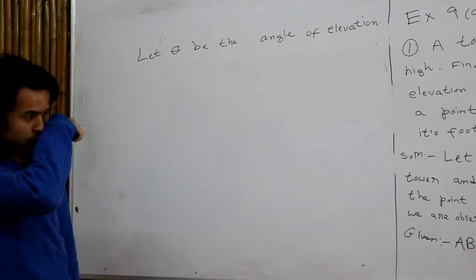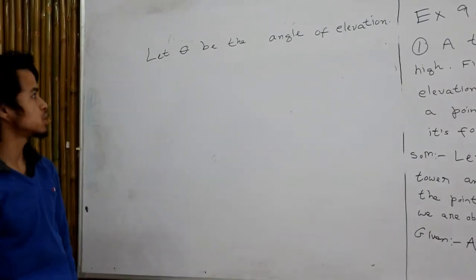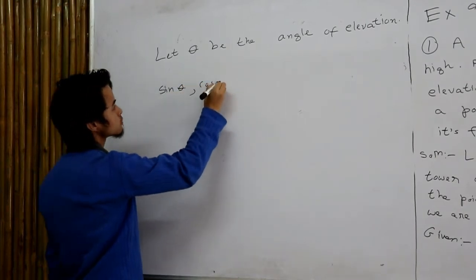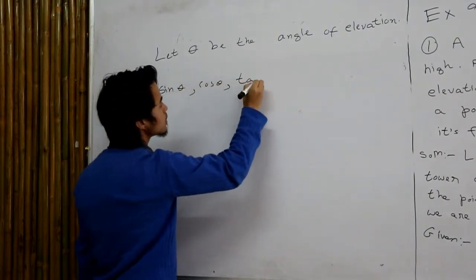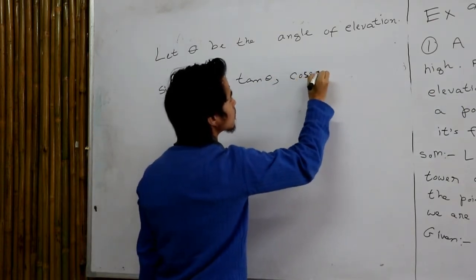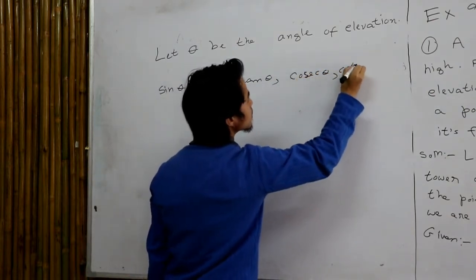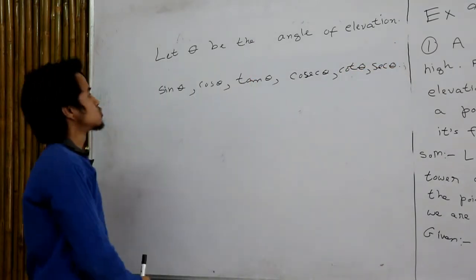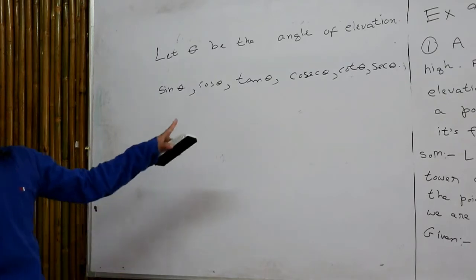Now according to the concept which we have done in the previous class, we can either use these trigonometric ratios: sine of theta, cos of theta, tan of theta, cosec theta, cot theta, and sec theta. But we have to choose these trigonometric ratios properly.